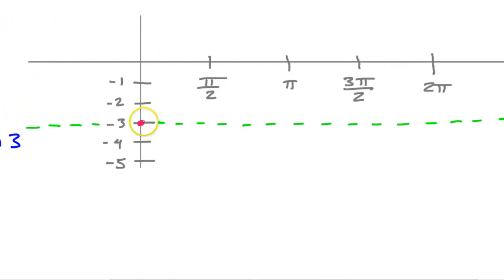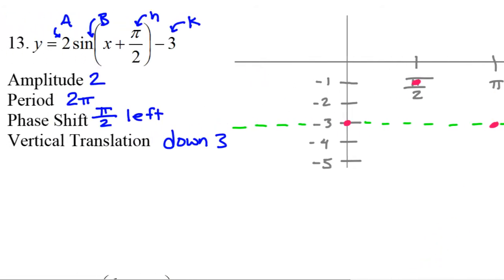So that means I'm going to go up 2. I'm going to land here at -1 when I do that. It's going to go up to its highest point, and then it will fall back to the midline, and then in the next position it will fall to its lowest point, and then back to the midline. This is exactly what the graph would look like if there was no phase shift.